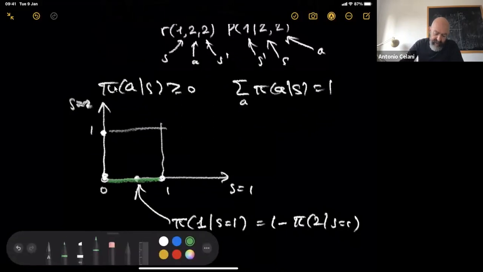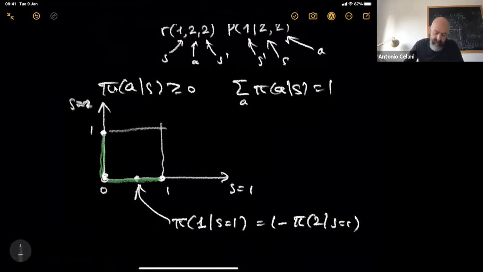And for the other state, that's the same. You can clearly imagine that if I had 3 states, that would be a cube. If I had S states, that would be a hypercube. This is just because I have 2 actions, but it's useful, so we fix the idea.